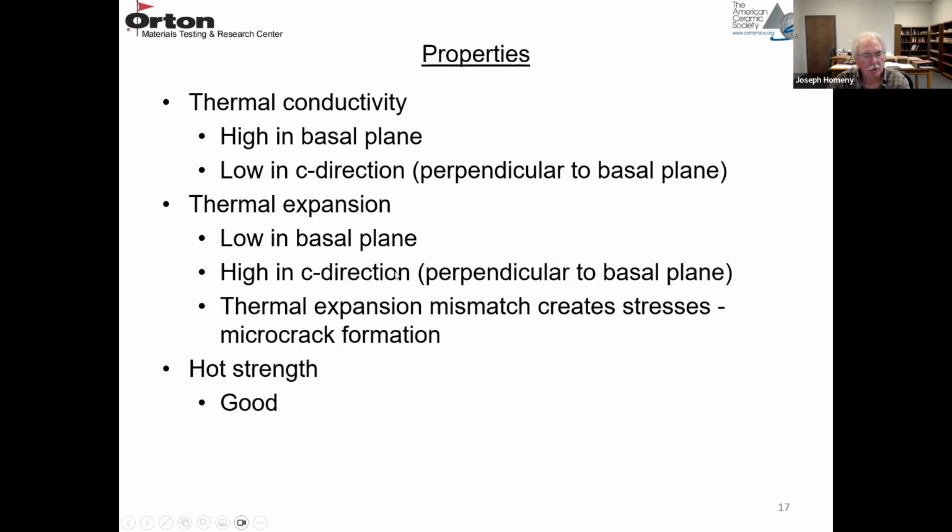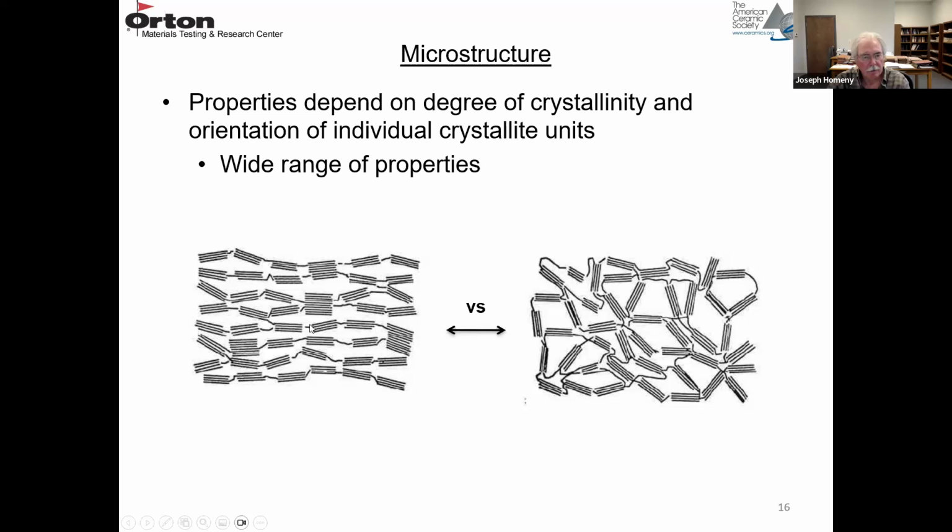Then thermal expansion is low in the basal plane, but high in the C direction, which is again perpendicular to the basal plane. So in the horizontal direction here, the strong covalent bonding is going to give low thermal expansion.